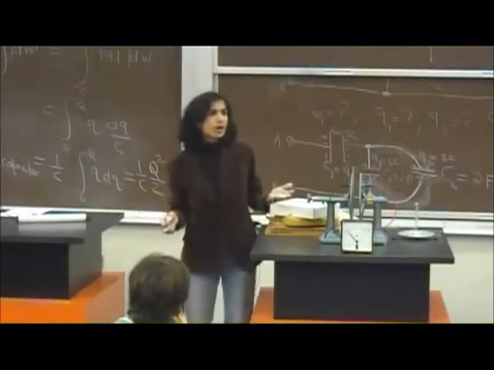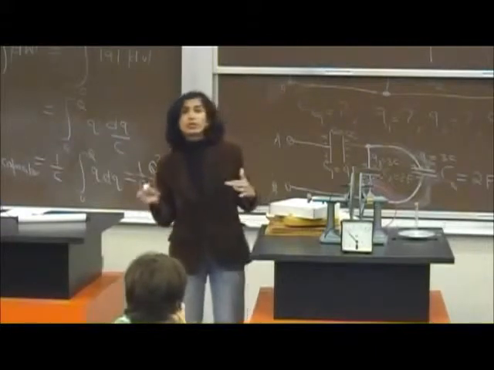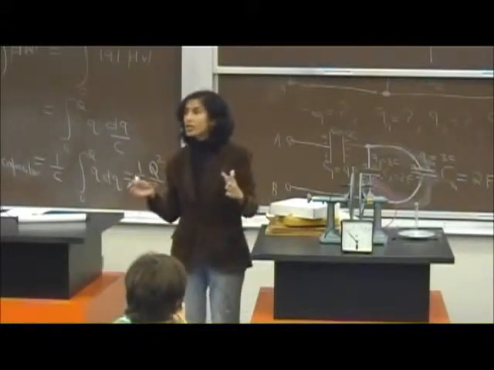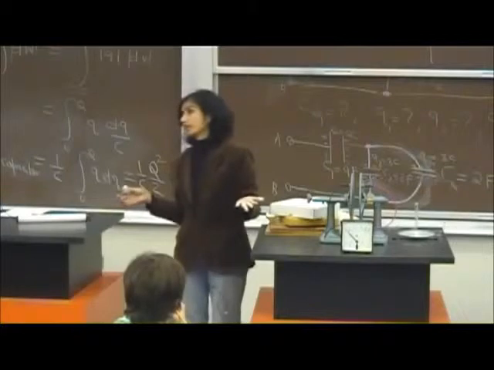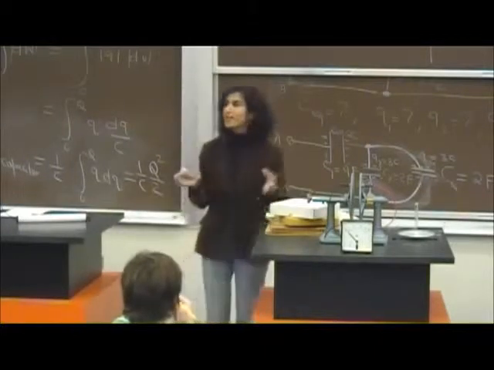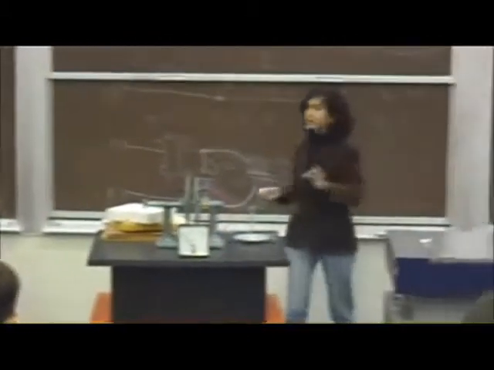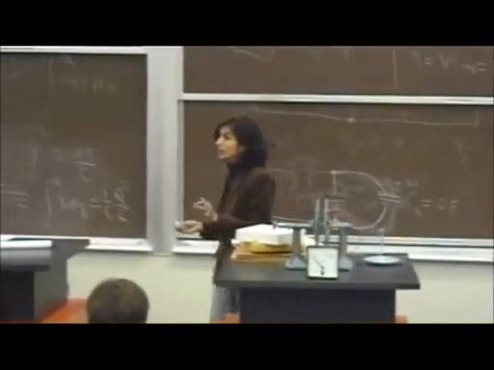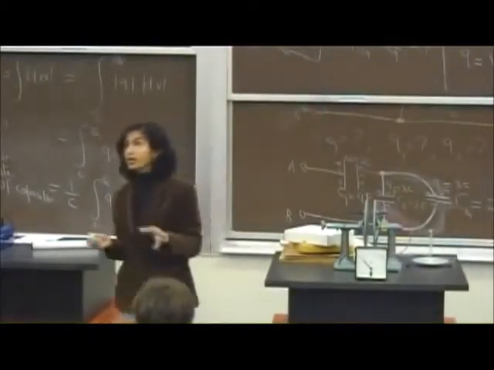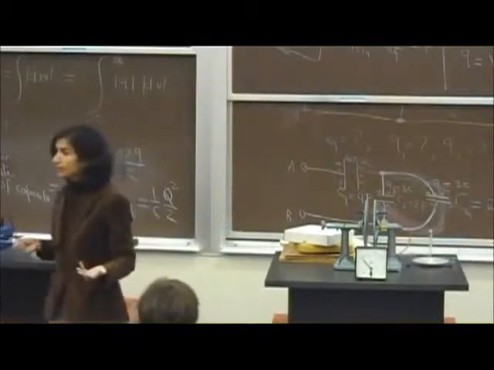I want to know what is the energy stored per unit volume. That means energy per meter cubed. It's easy to do, and that's called energy density. So let's now try to figure out, and this concept of energy density is going to be extremely important because later on we'll talk about electromagnetic waves.